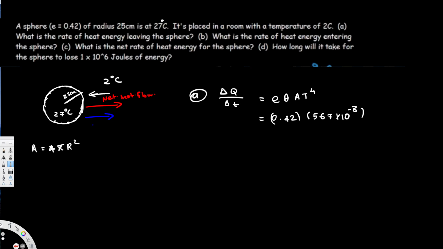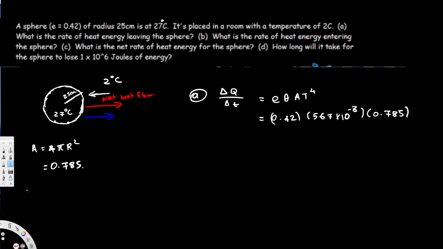We know the radius. We have to convert 25 centimeters into meters, so that's going to be 0.25 meter. If you plug this value into the equation, you will get 0.785, and that's the one we are going to multiply. The temperature leaving the sphere is 27 degrees Celsius, but we have to convert it into Kelvin in order to apply it in this equation.